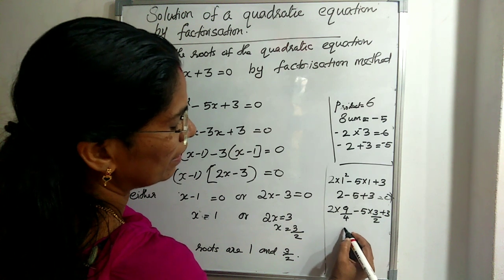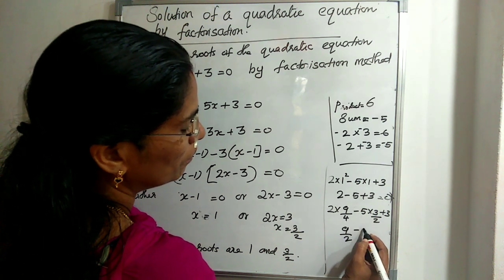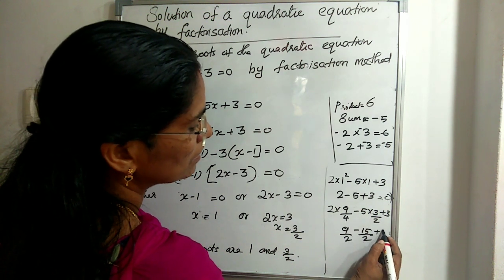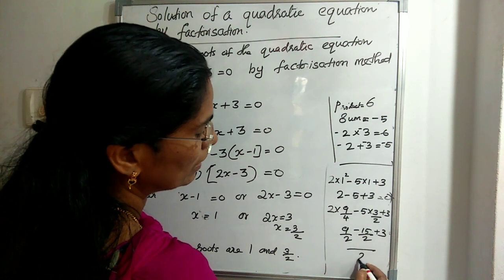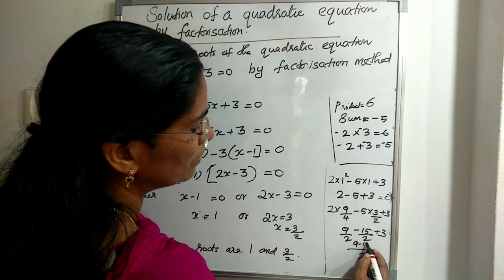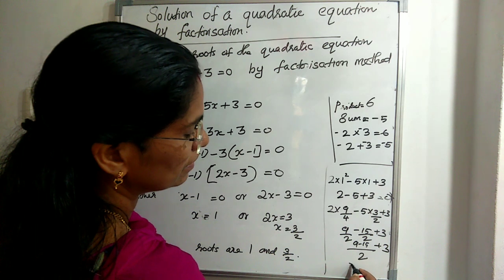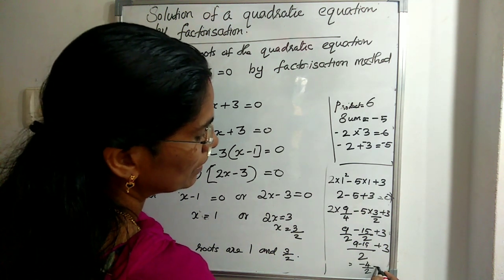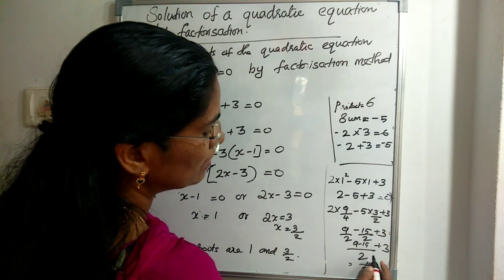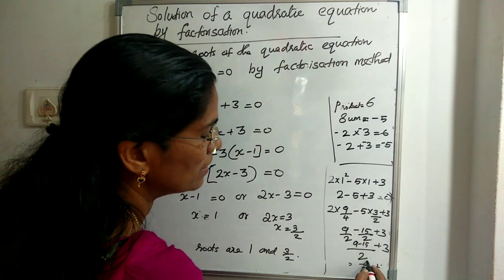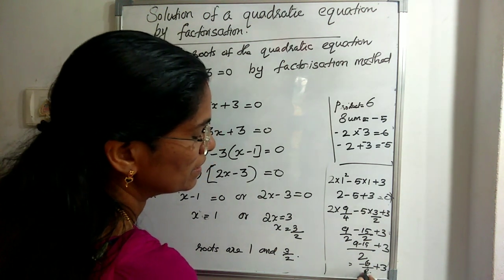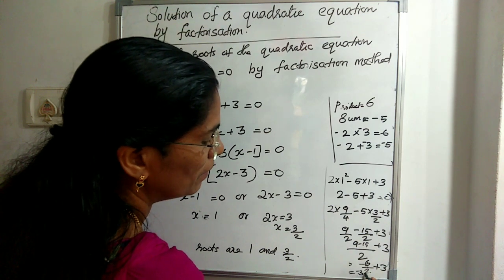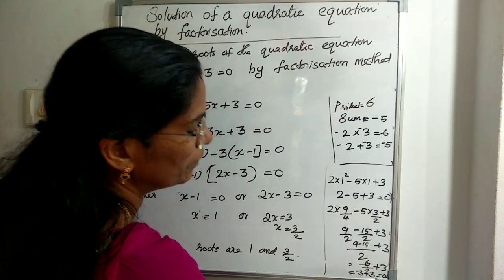Here we are cancelling and we will get 9 by 2 minus 15 by 2 plus 3. Taking the LCM 2, 9 minus 15 is minus 6, so minus 6 by 2 plus 3. Minus 6 by 2 is minus 3. Minus 3 plus positive 3 becomes 0.